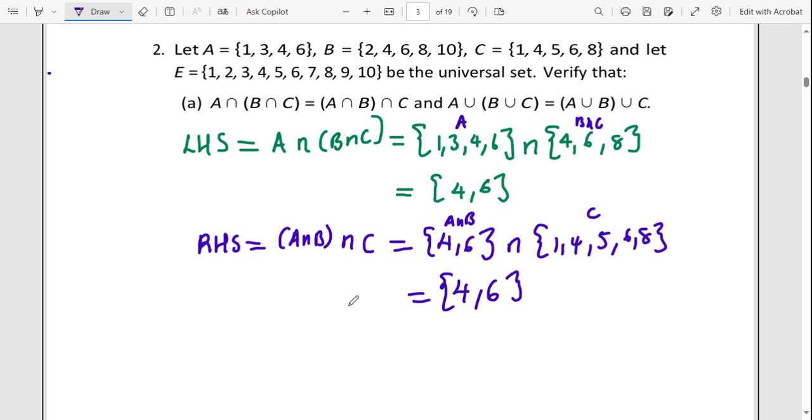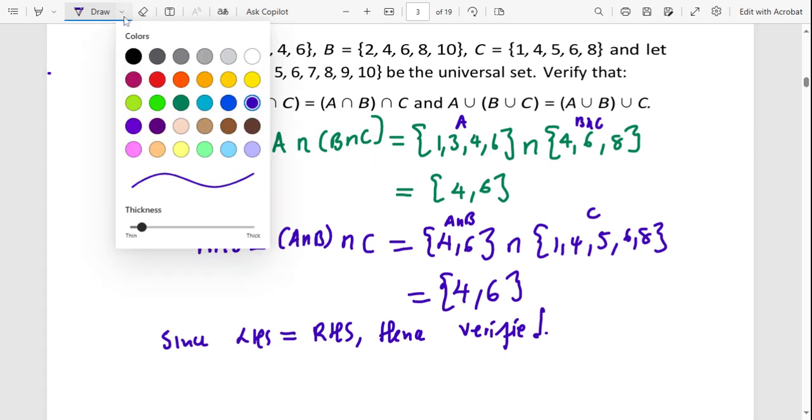It's very easy, isn't it? So we'll say, since left hand side is equal to right hand side, hence verified. Okay, that is how you work out this one.